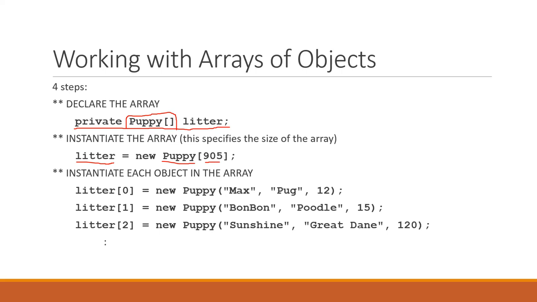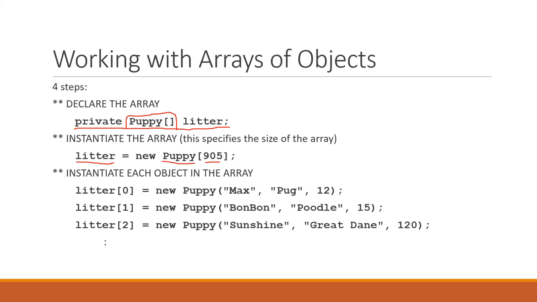So that doesn't create any objects in the array. It simply sets up, okay, I have an array and there are 905 slots in the array. And the system automatically knows that the smallest subscript is 0 and the largest one is 905 minus 1, or 904 in this case.